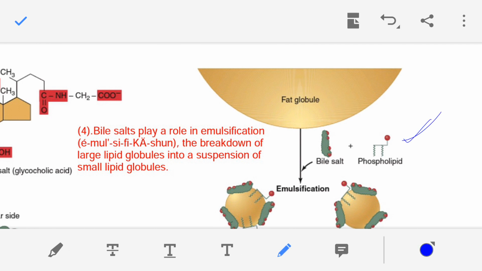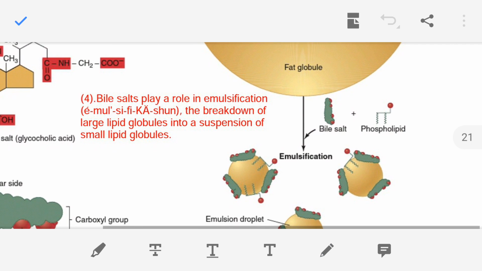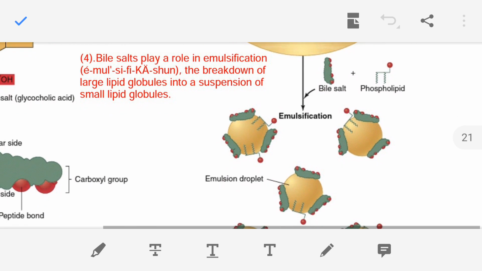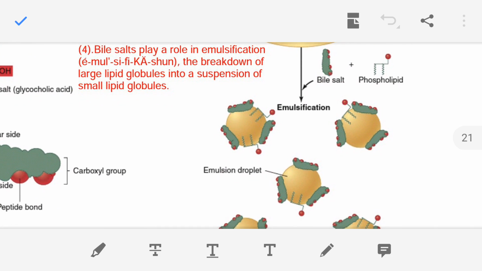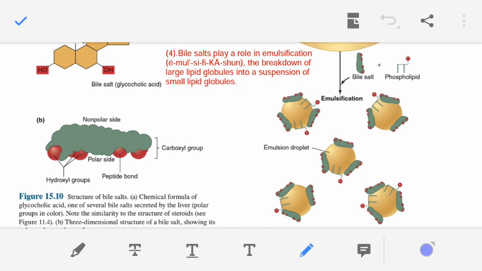So bile salt along with the phospholipid, these two together are acting on the fat globule, and they are converting this large fat globule into smaller droplets.